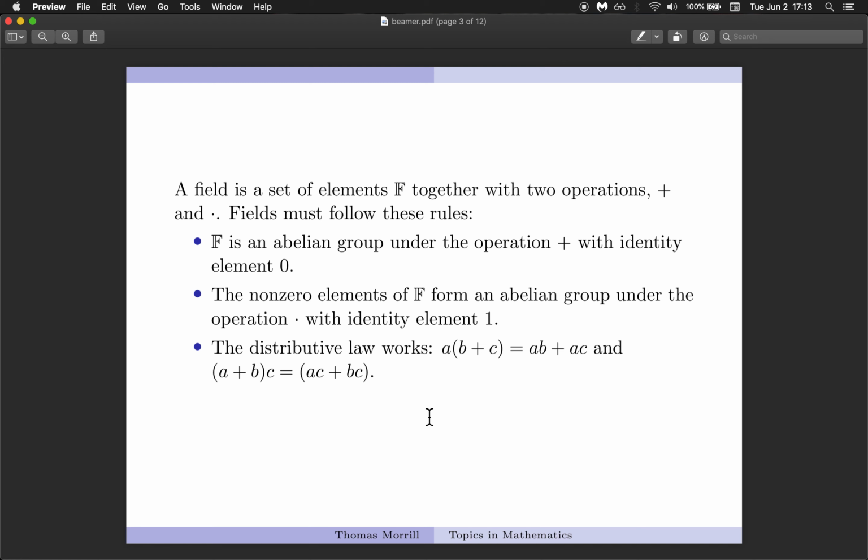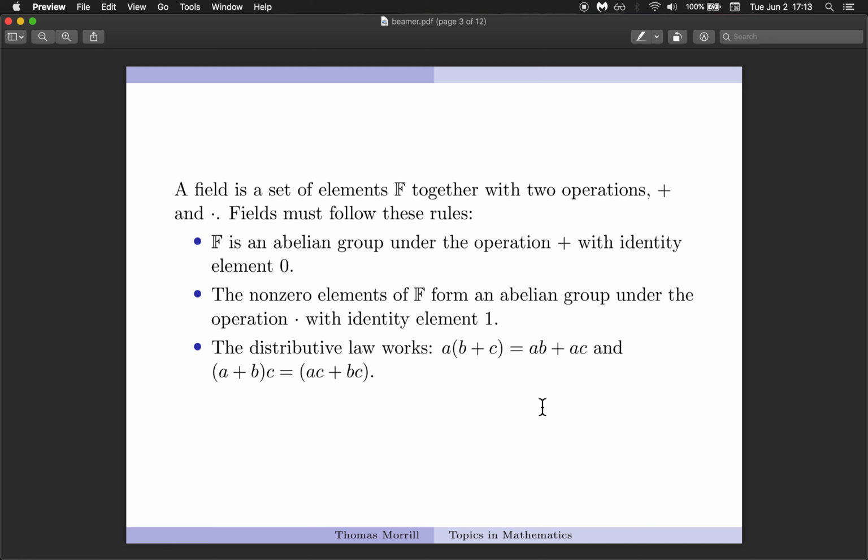There are more of our familiar rules here. These algebraic systems behave more and more like systems of algebra that we've been practicing since elementary school. And I'll make a note here that, of course, anything times 0 is going to be 0.